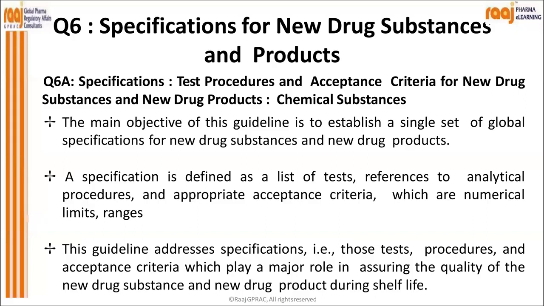Then for dissolution, dissolve within 45 minutes, and a Q value is given. If you see the USP monograph, you can see how the acceptance criteria are given in numerical limits or a range. So ICH Q6 defines all the specifications, the test procedures and the acceptance criteria, which play a major role in assuring the quality of your new drug substance and new drug product during shelf life.